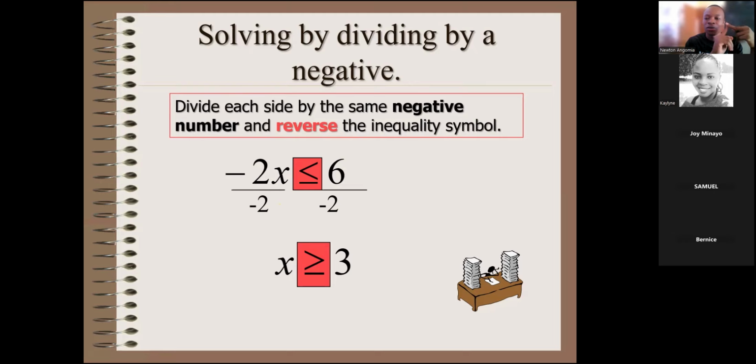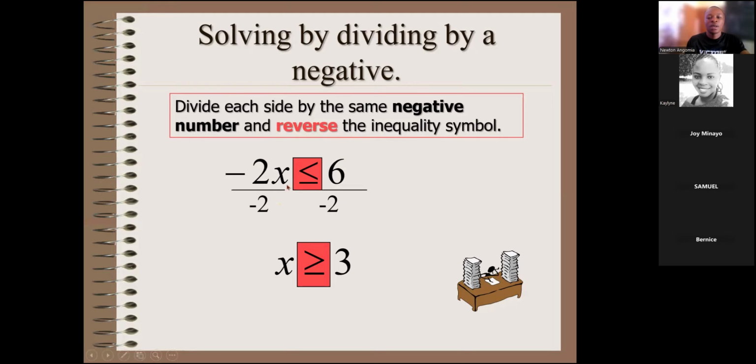What if you solve using division, but you are dividing by a negative number on both sides? You have to change that particular inequality symbol. And it's easy: if it was less, you change it to greater. It reverses.